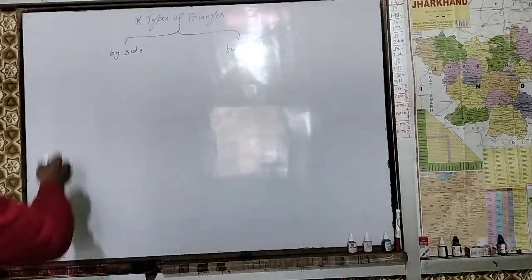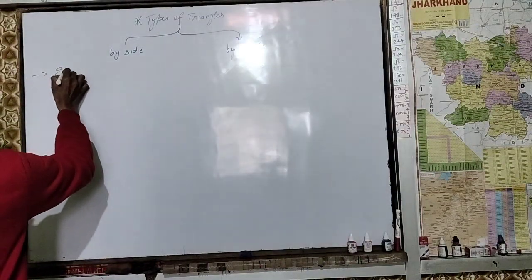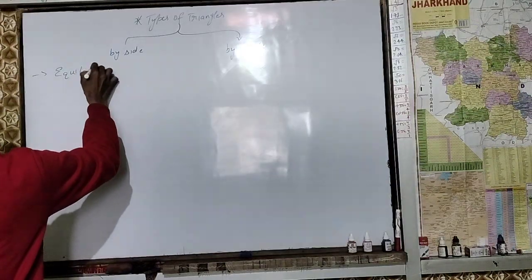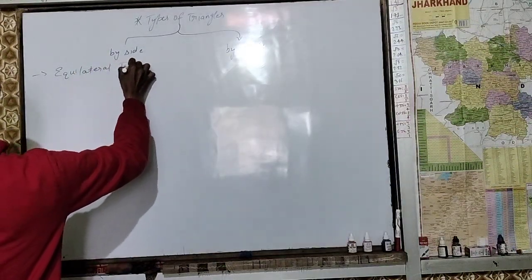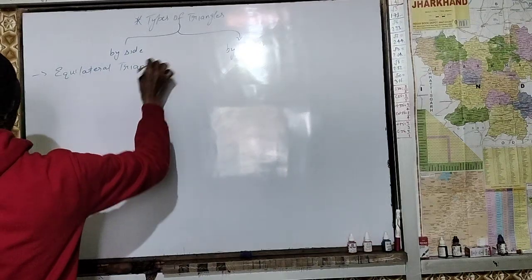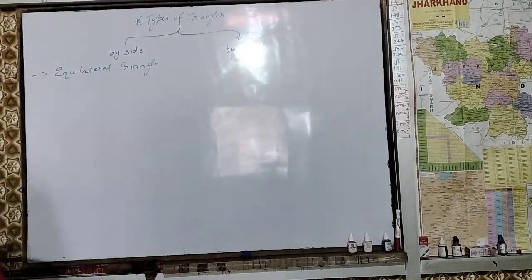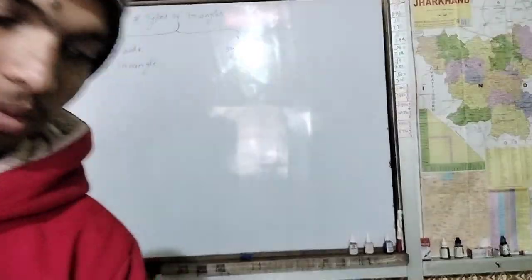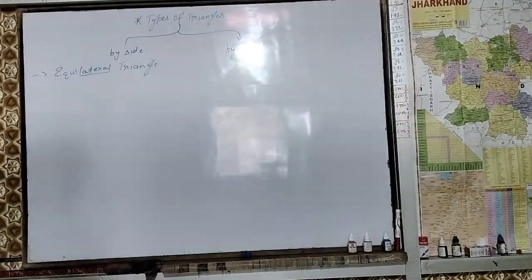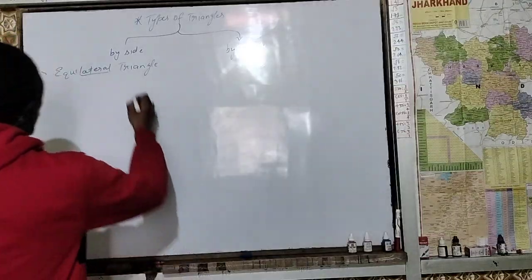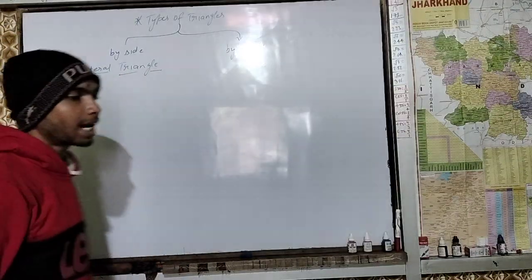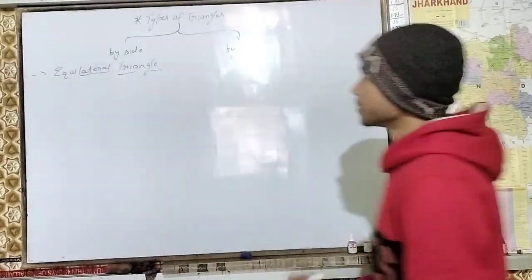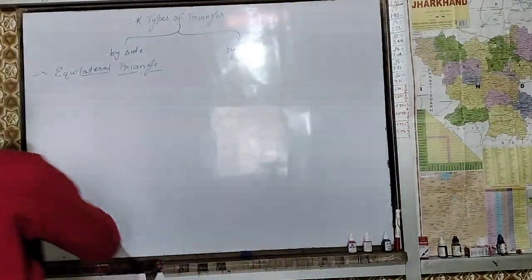Let's start with the first one, equilateral. Equilateral triangle. Lateral means side. Equi means equal. This is a type of triangle, but it is based on side.